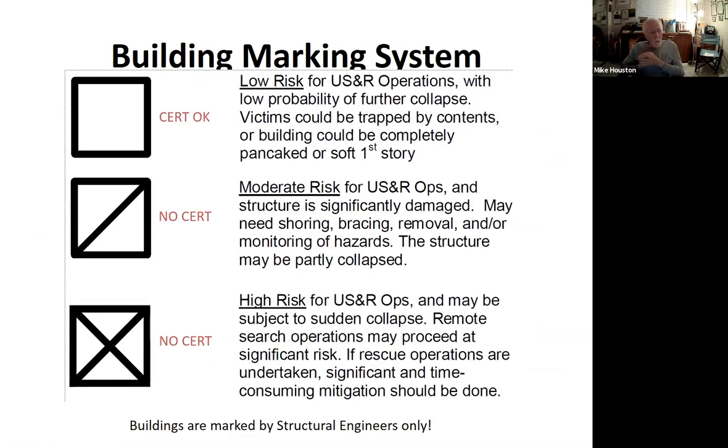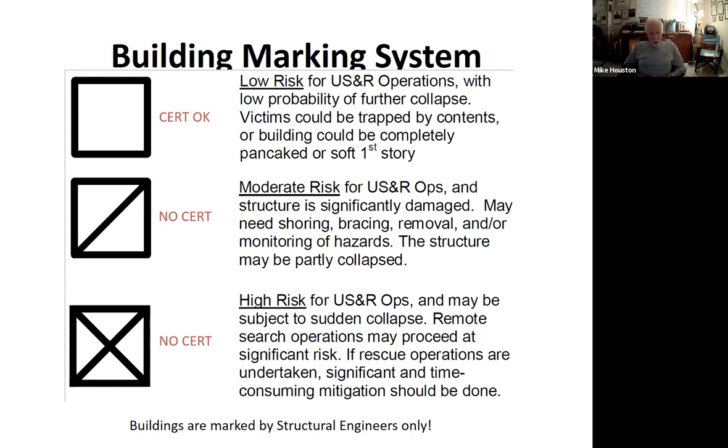Okay, these are the markings that you may see on a structure or may be added to a structure after you've been inside. And they are put on there by structural engineers. These are not something that we do. If you encounter a structure that has a big square, the upper left-hand side of what you're looking at, the slide you're looking at, and it's a square, it's okay for us to go ahead and go inside.